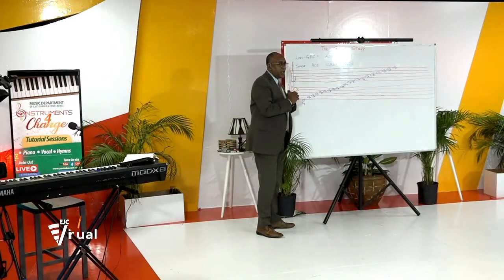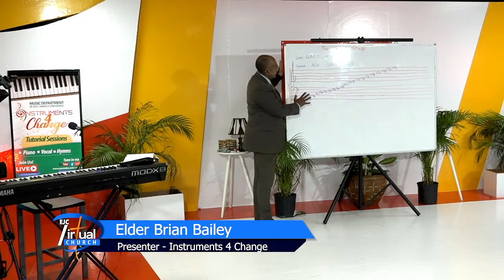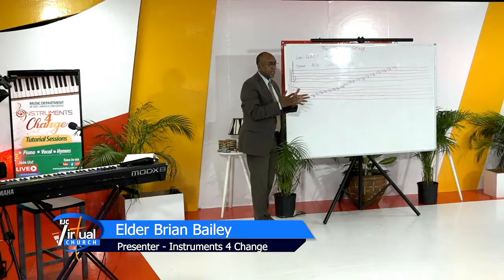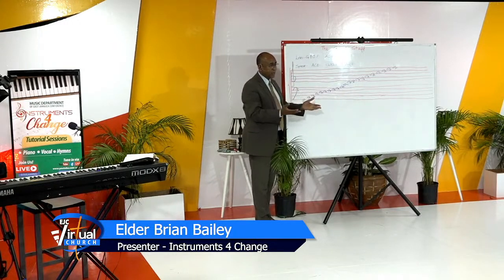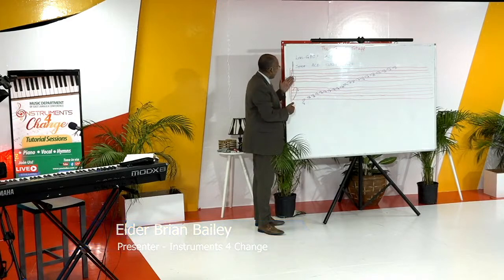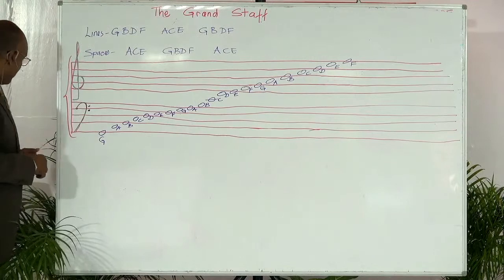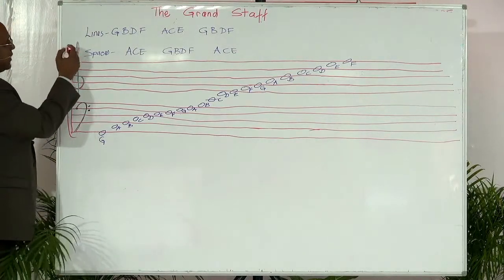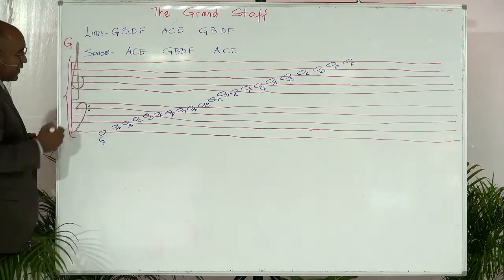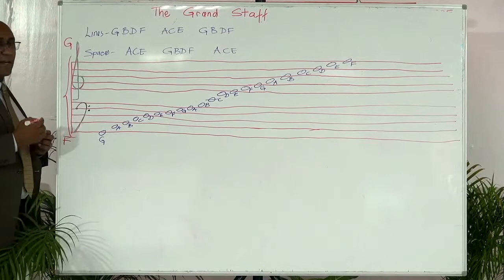Now, on our chart here, you'll remember that this is a grand staff. The grand staff consists of 2 or more staffs. We have our treble clef and our bass clef. Remember that our treble clef is also called the G clef, and our bass clef is also called the F clef.